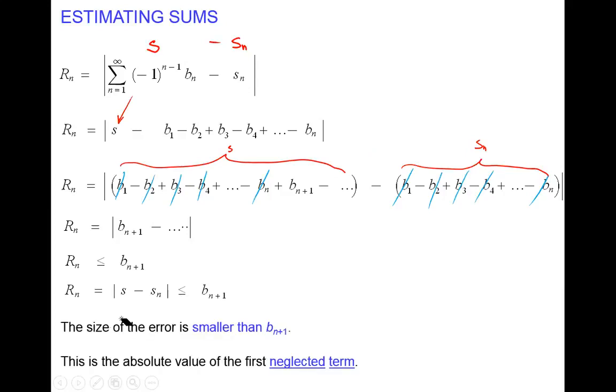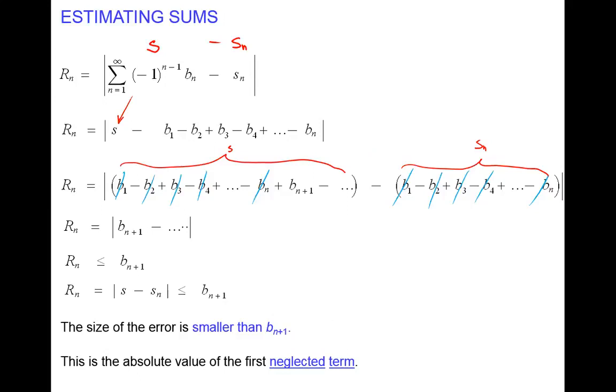The size of the error is smaller than the next term, b sub n plus 1. The magnitude of the error is no more than the magnitude of the first term that is not included in our partial sum. Adding n terms, the next term not included is b sub n plus 1, which means the first neglected term.